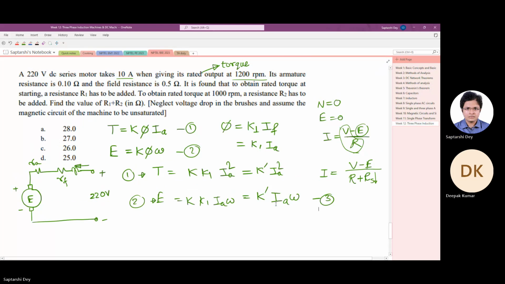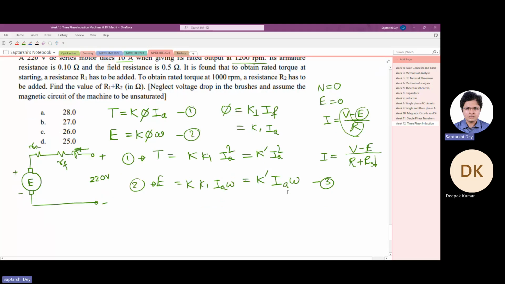Now it is drawing 10 ampere of current, right? And this is back EMF E. Now I will apply KVL here.